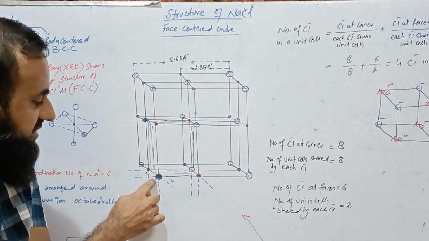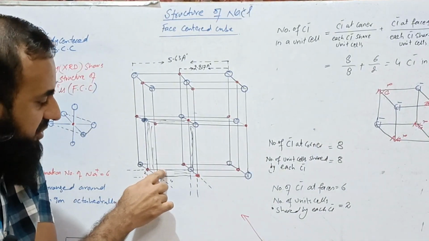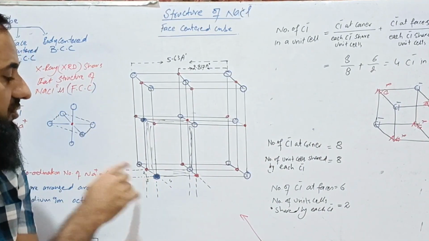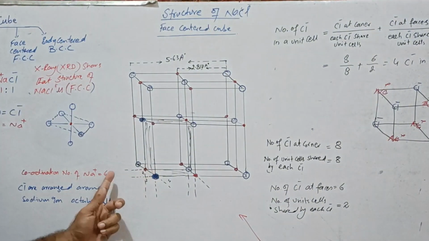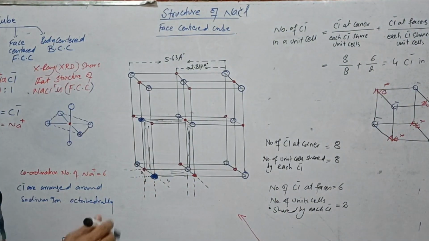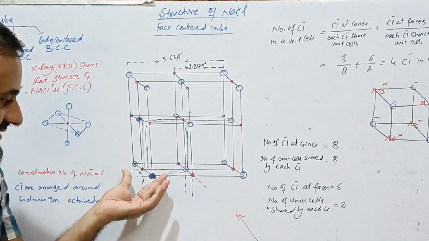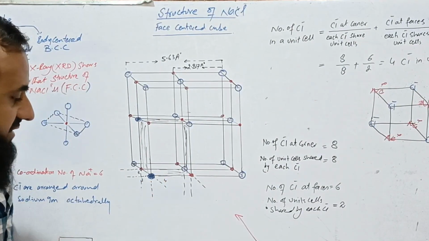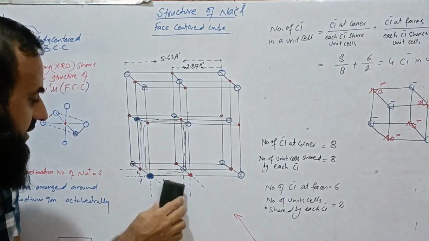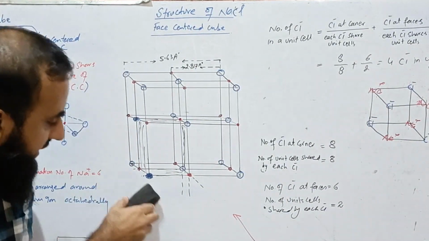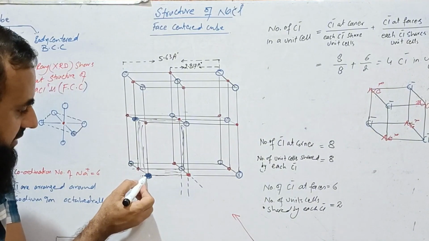Now in order to explain the number of unit cells shared by this chloride ion, let us extend the crystal. These dotted lines represent the extension of the crystal. Let me draw it again for better understanding.